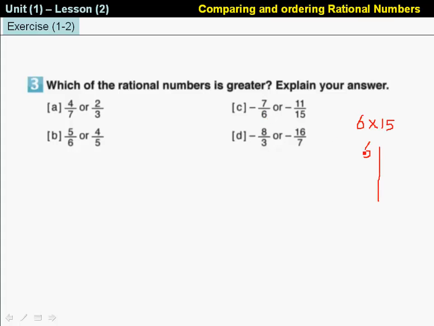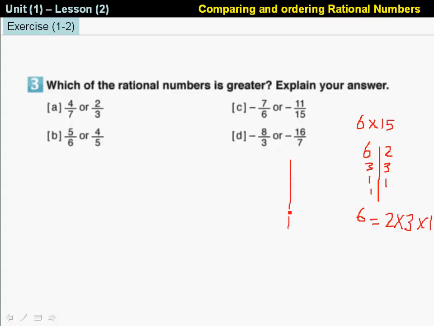So analysis of 6: 6 divided by 2 is 3, 3 divided by 3 is 1, and 1 divided by 1 is 1. So 6 is equal to 2 times 3 times 1.